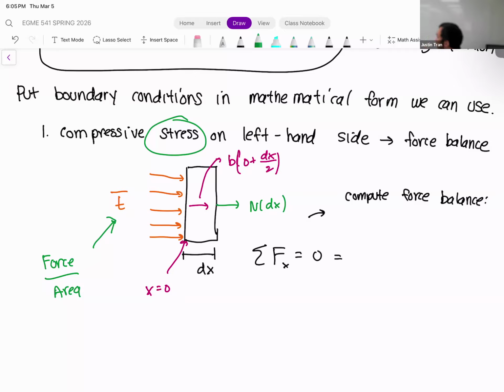And so in order to convert that compressive stress into a force, we're going to multiply it by the cross-sectional area at x equal to 0. So this is going to be T bar multiplied by area at x equal to 0.